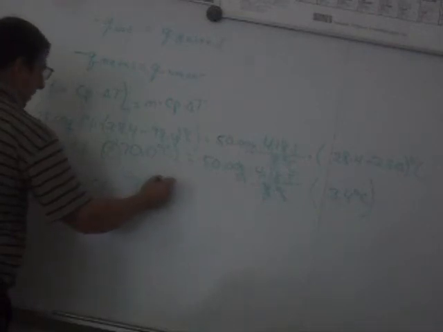If I multiply 50 by 4.18 by 3.4, I get 710.6 joules. Algebra says divide both sides by 1750 gram degrees Celsius.